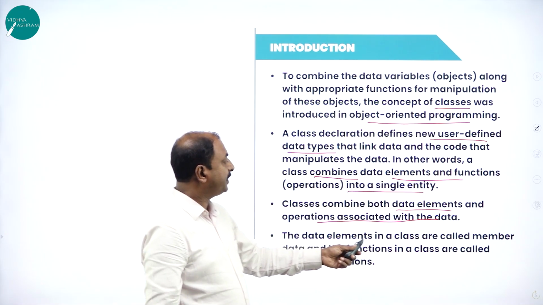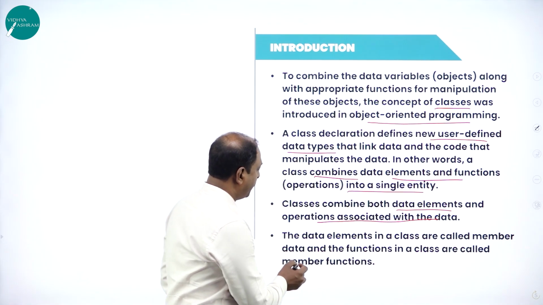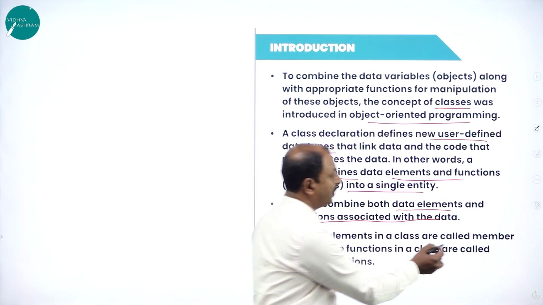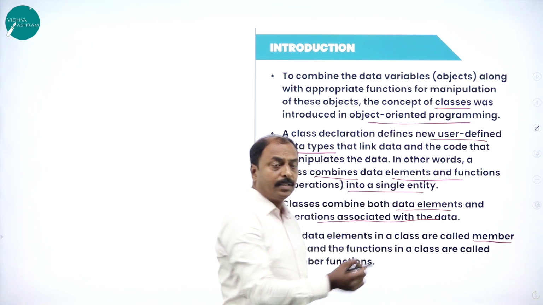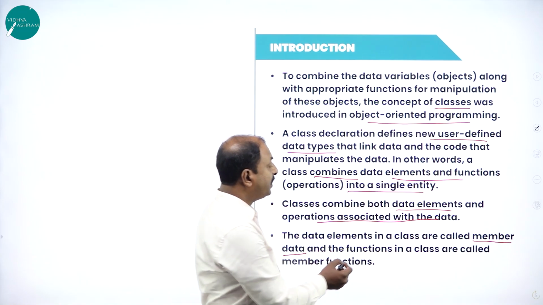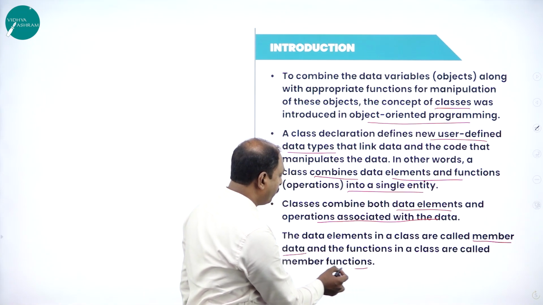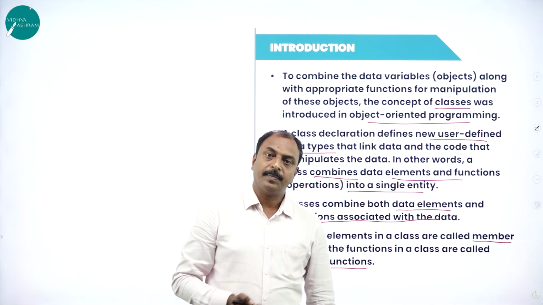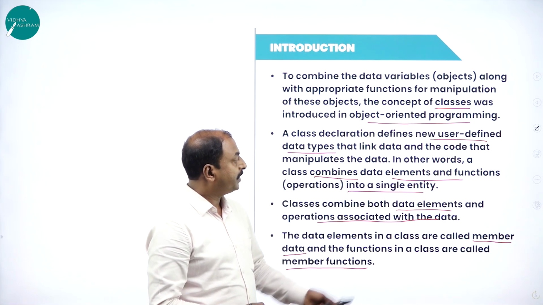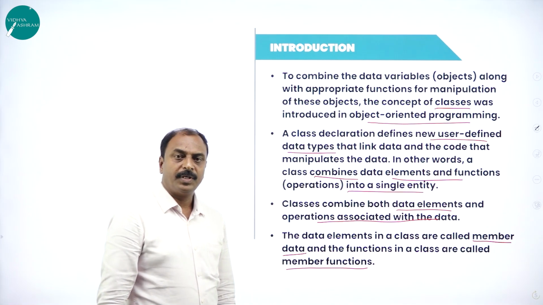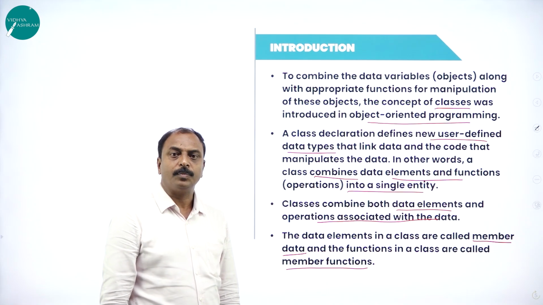Now the data elements in a class are called member data, and the functions are called member functions or member methods. These are the different terms we are using with respect to classes and objects.